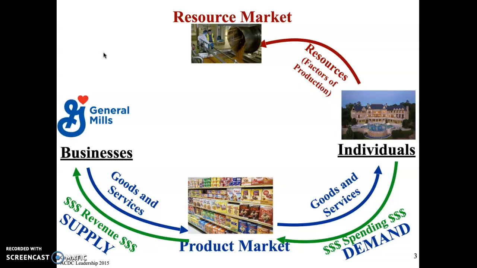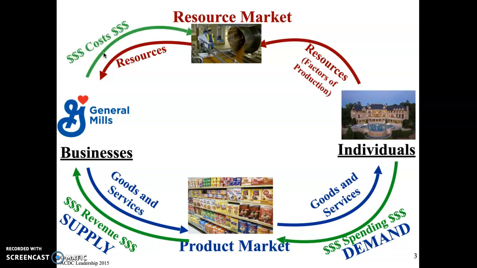Okay, they'll provide labor, they'll provide land, and they'll provide capital so that they can get some income. All right, and then those resource markets, they then are brought to the entrepreneur in the business, who then puts everything together, and then spends money in the resource market, which then becomes income, which then becomes spending, which then becomes revenue, then costs, so on and so forth.